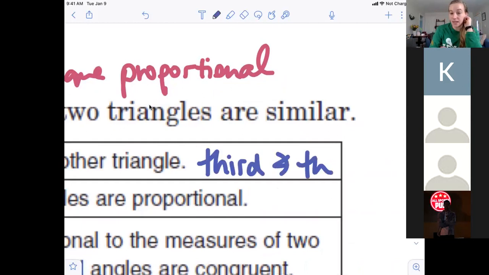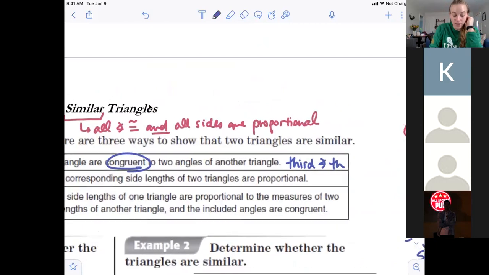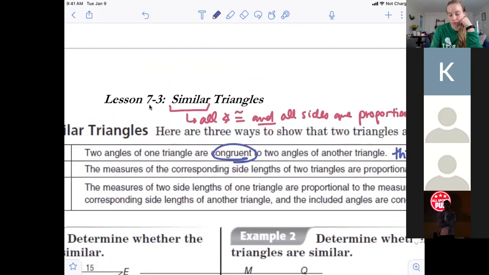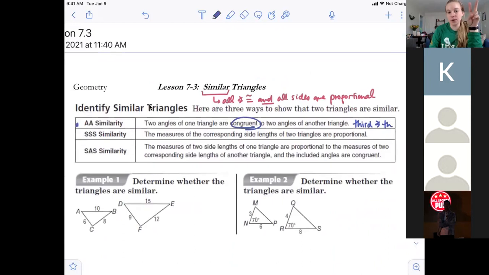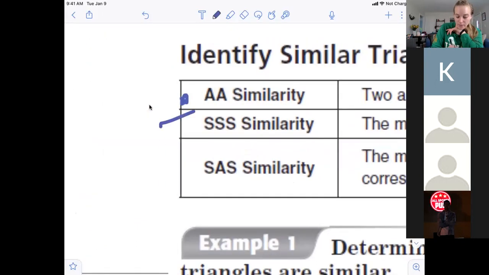So this is technically AAA, but we only need 2 of them. We can just assume the third one's congruent. So if we see 2 angles are congruent in each triangle, that is enough information to say that they are similar.